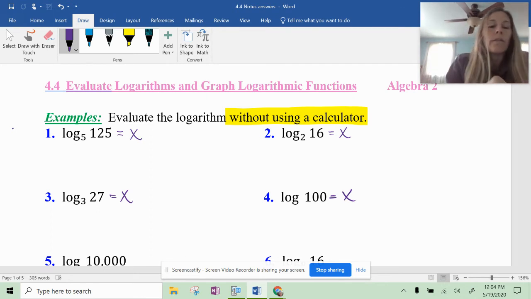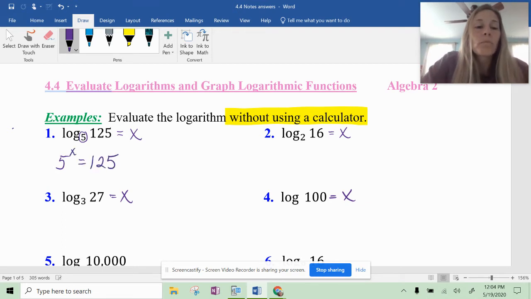So if I want to find out what log base 5 of 125 equals, since I cannot do that in my head, I'm going to rewrite it into that exponential form. I'm going to take my base, which was 5, raise it to x, and that should equal 125. Well, now you might know in your head, okay, 5 to what power equals 125?